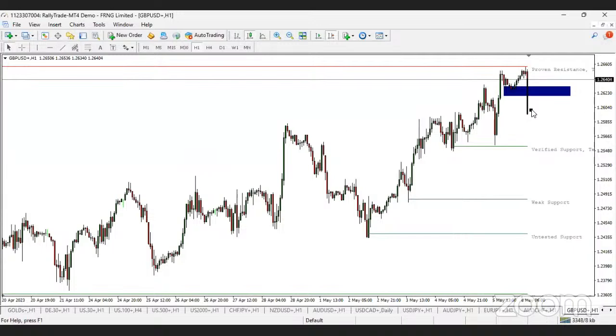Step two, we then need price to pull back and not go above this resistance. That will be our reason to sell. So British pound USD right now: buy on breakout and retest, sell on the break of the last higher low.